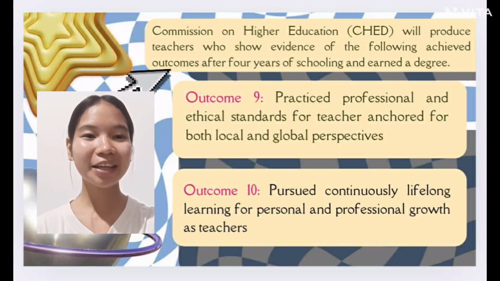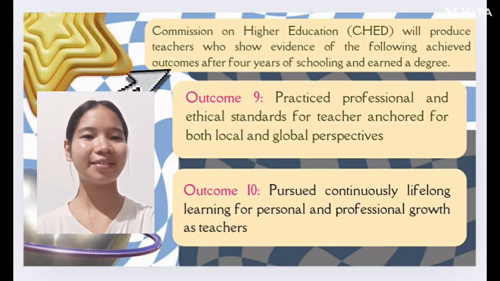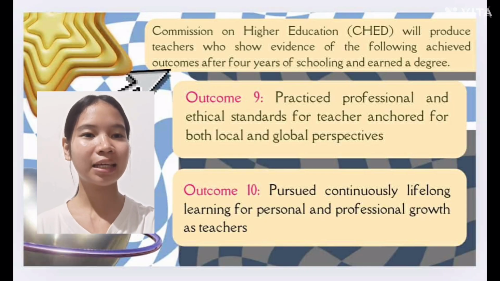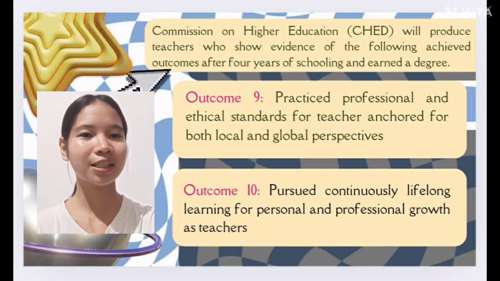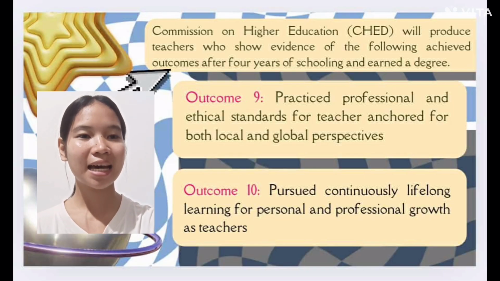Okay, so outcome 9 is all about practicing professional and ethical standards for teachers anchored on both local and global perspectives. So here, teachers are role models, meaning we should always act professionally, responsibly, and ethically inside and outside the classroom.